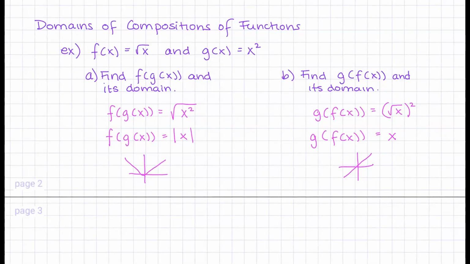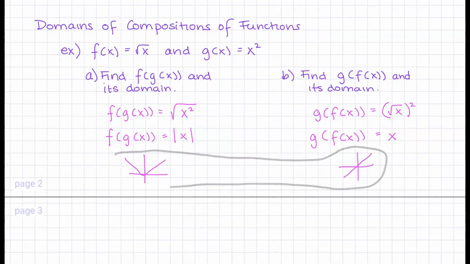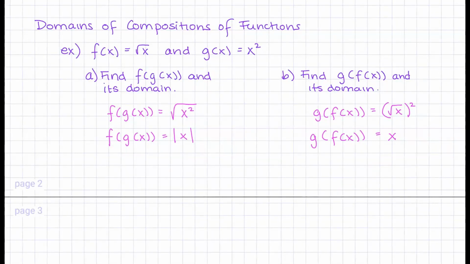Well, this is where, honestly, the best way, I think, to find the domain is show every little step going along and make sure you're making note of any restrictions on x. So, for instance, this first thing right here, I have a square root, and we know we have restrictions when we have square roots. The restrictions are that whatever's inside has to be non-negative.